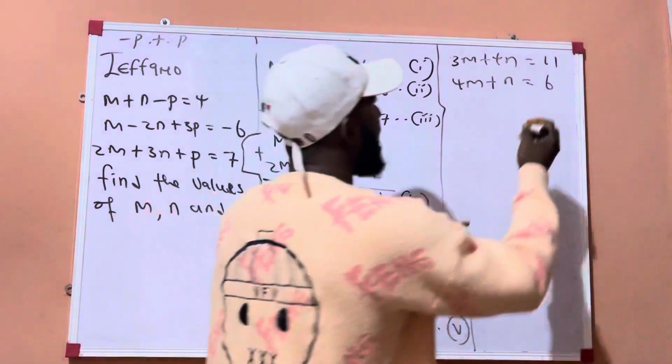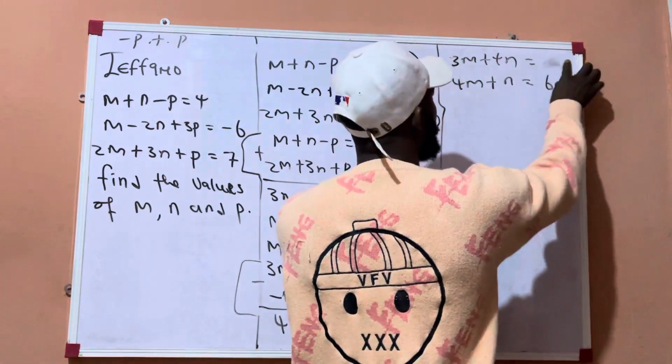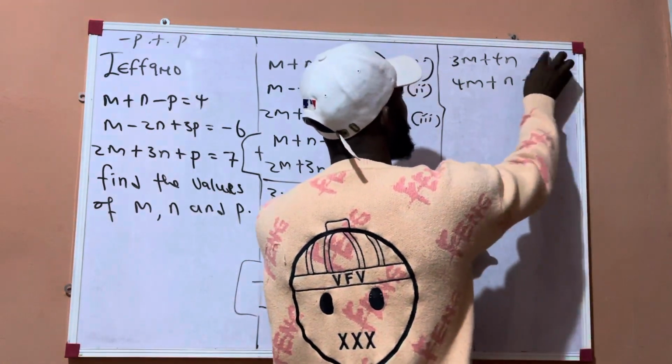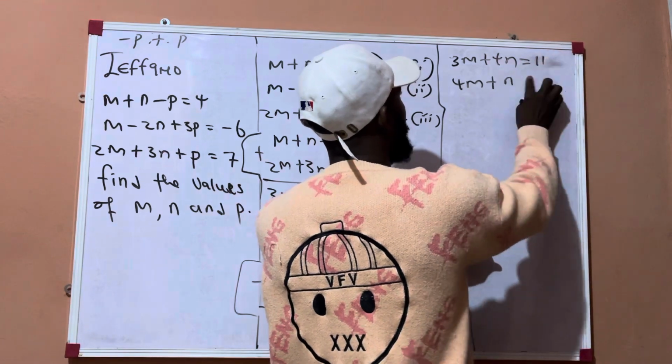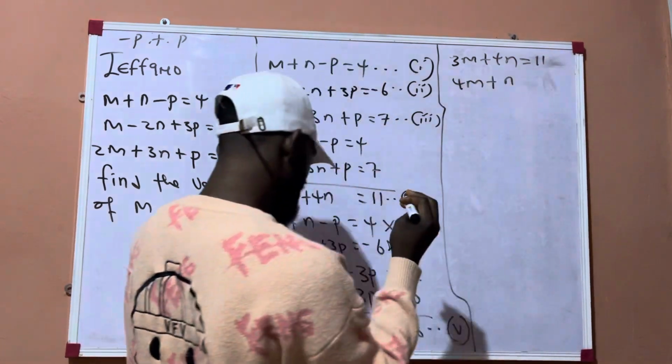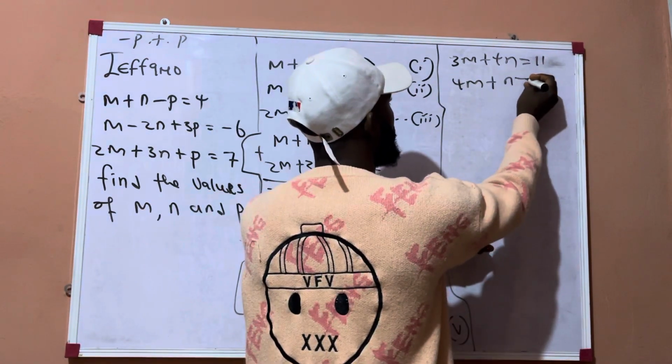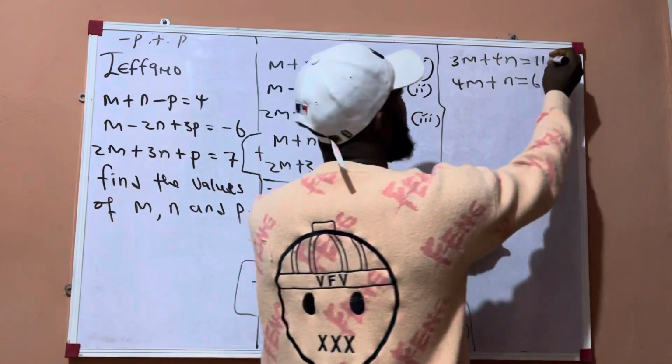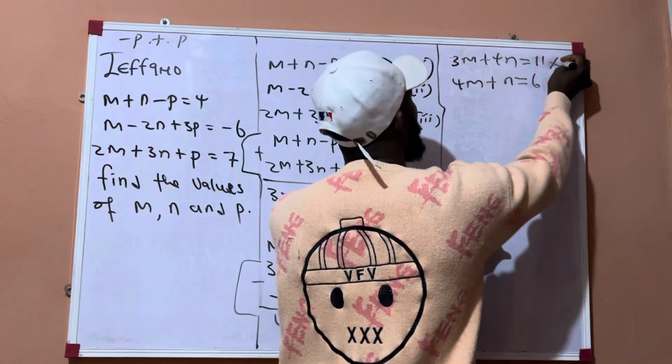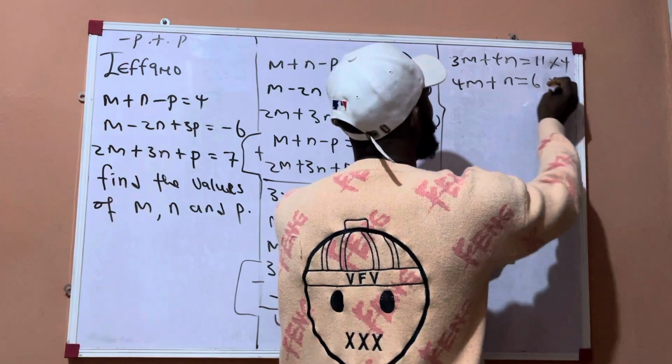Now, without wasting time, here becomes equal to 11 equal to 6. So that we manage the board. So here becomes times 4, and here becomes times 3.